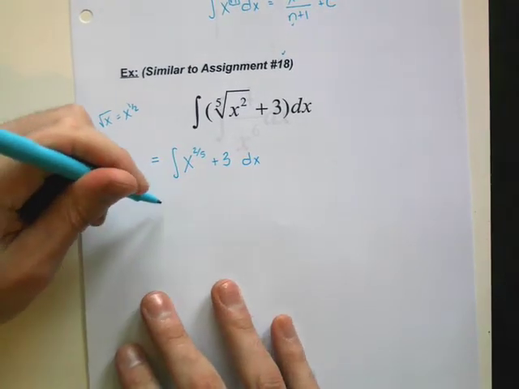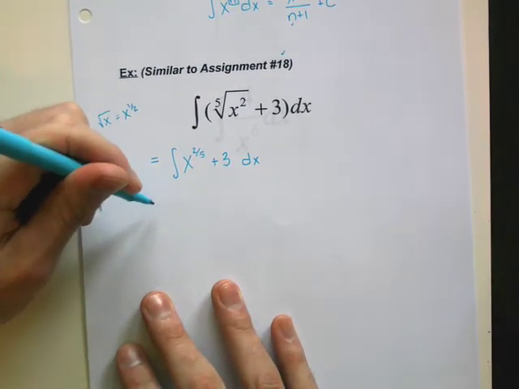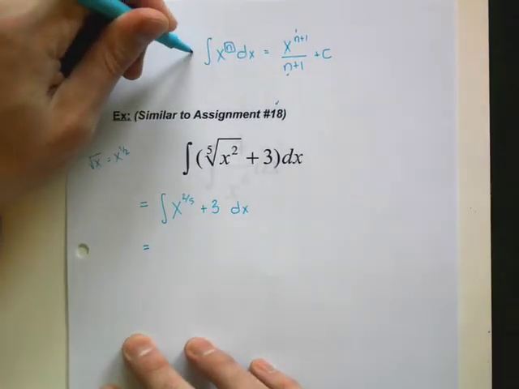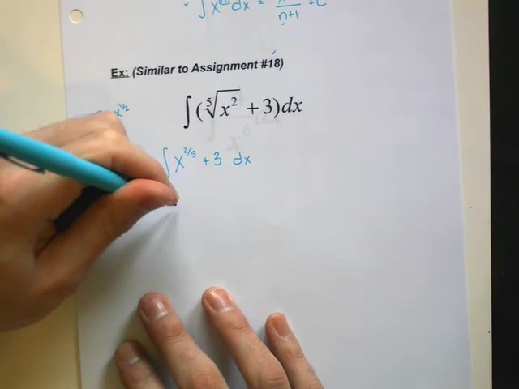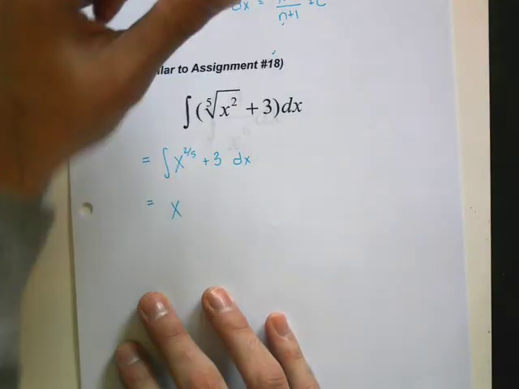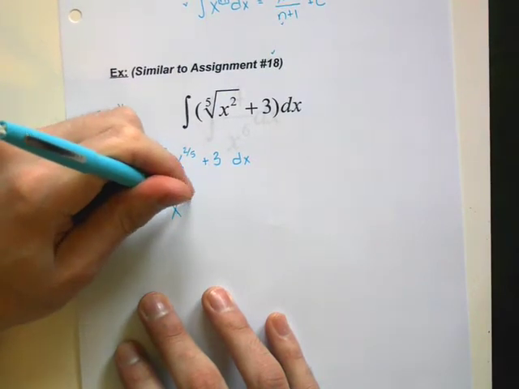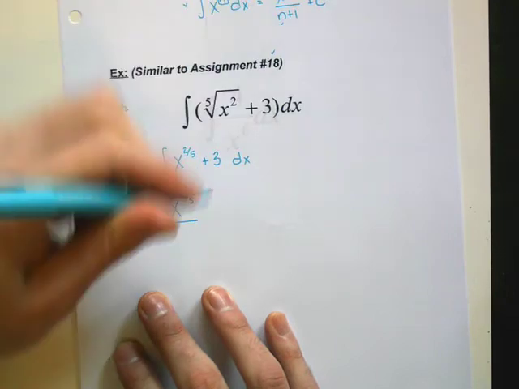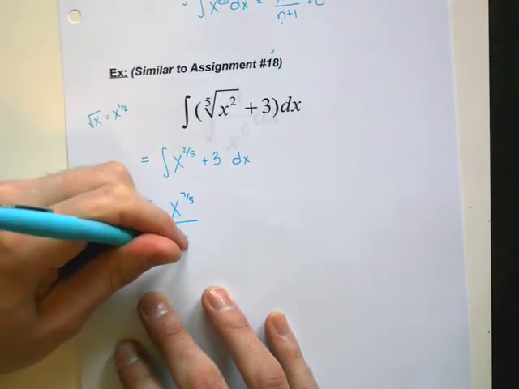So moving forward, let's jump ahead a little bit and let's use our power rule. So I'm going to say x to the, and then 2/5 plus 1 is going to be 7/5 over 2/5 plus 1 in the bottom is 7/5.